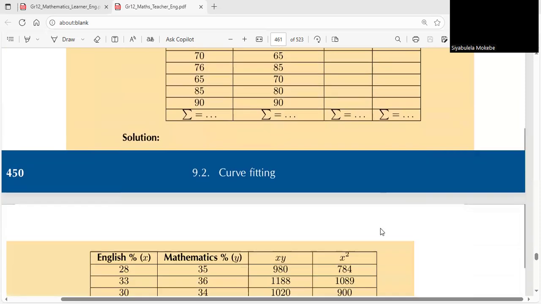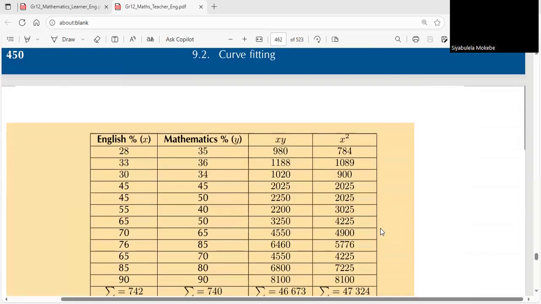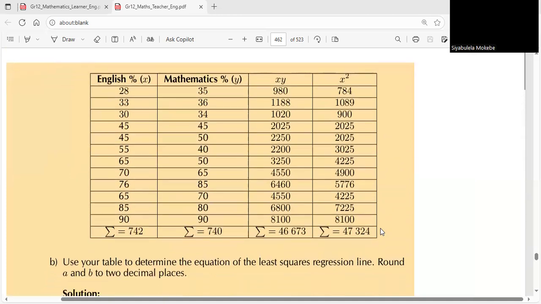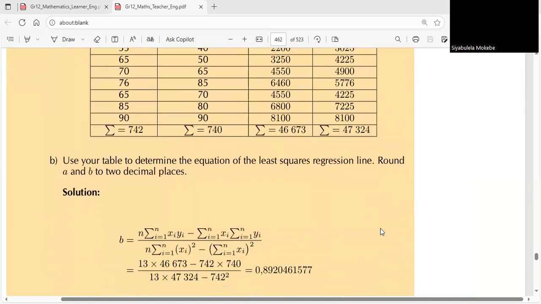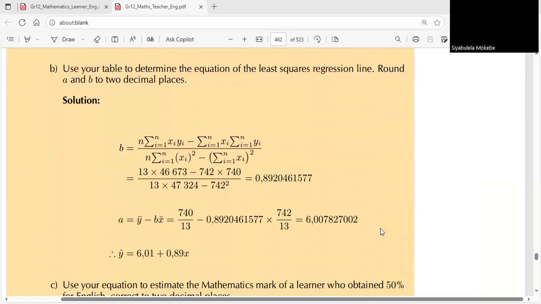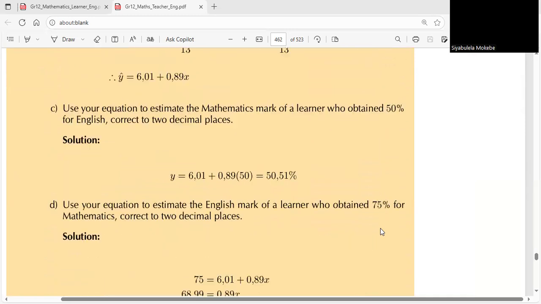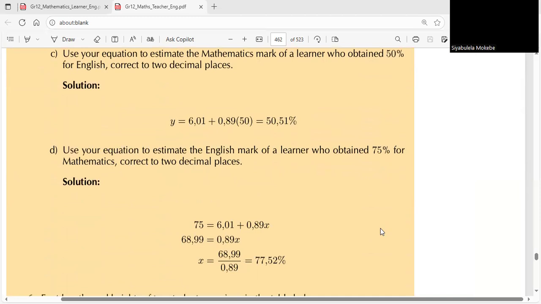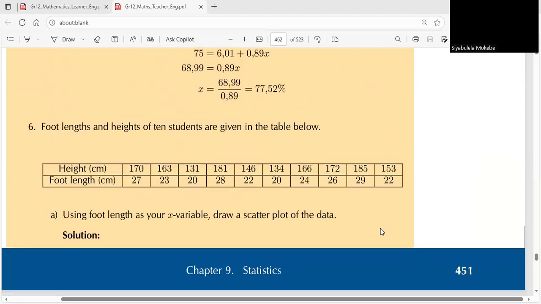And then that's that. Then this. Number six.